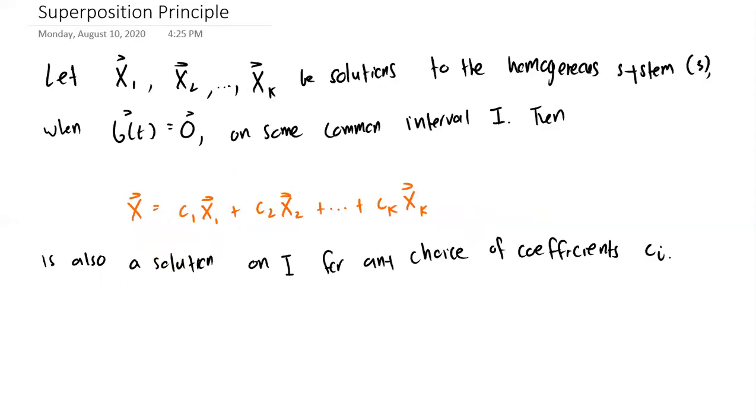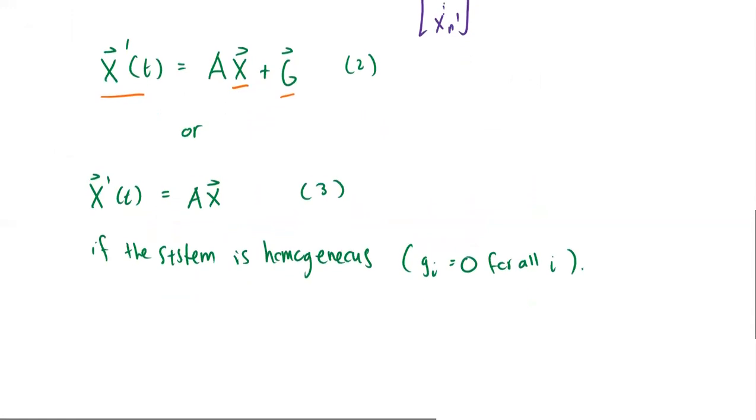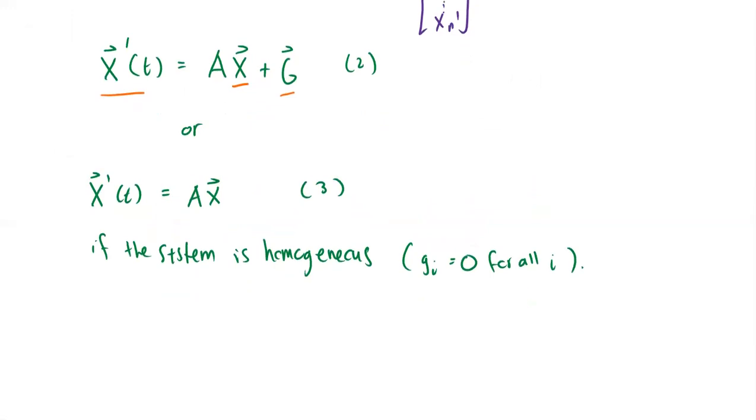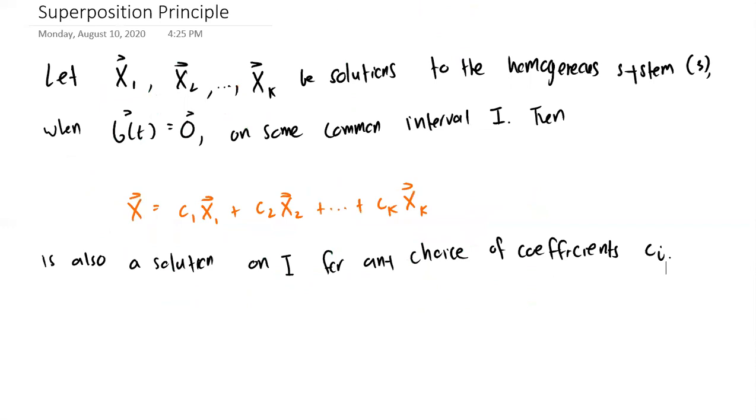Another theorem that extends very easily is the superposition principle. So let x1, x2, up to xk be solutions to the homogeneous system. Right? This is the system where there's no vector g, so the g sub i's are all 0. So suppose you have k solutions, which now are vectors, to the homogeneous system.